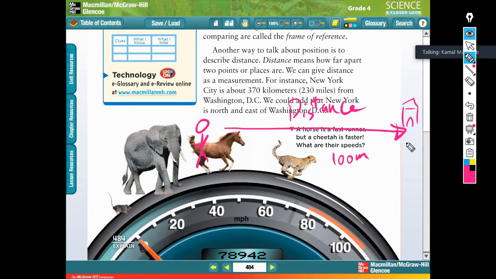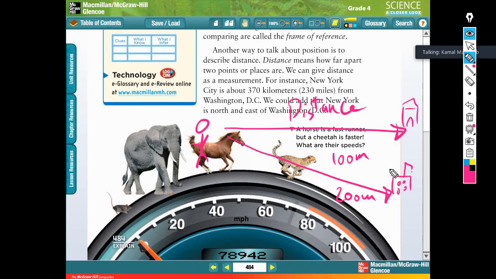Now that is 100 meters. But if we are talking about another building, suppose the school, for example, the school distance is 200 meters. Now the distance from the boy to the school is 200 meters.